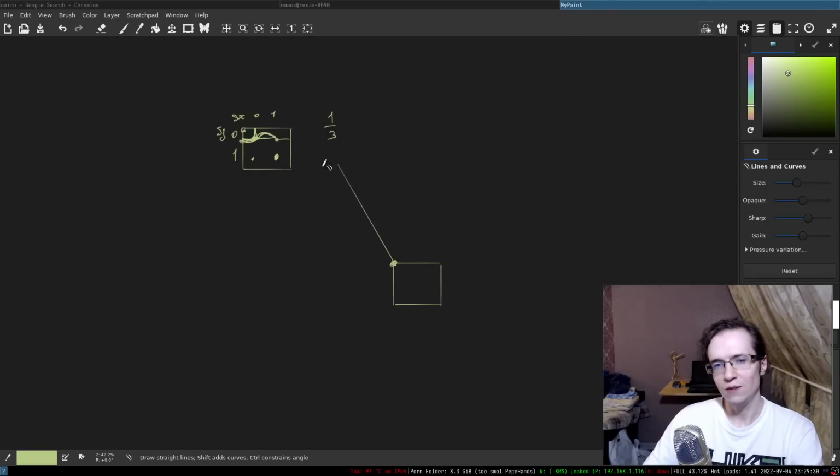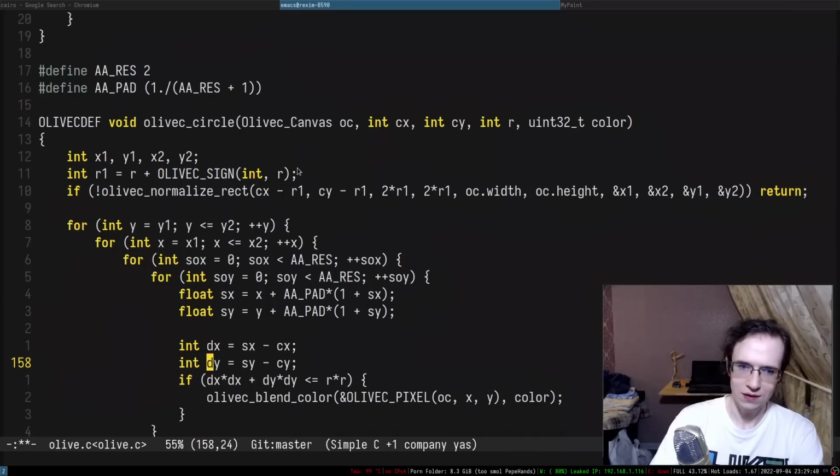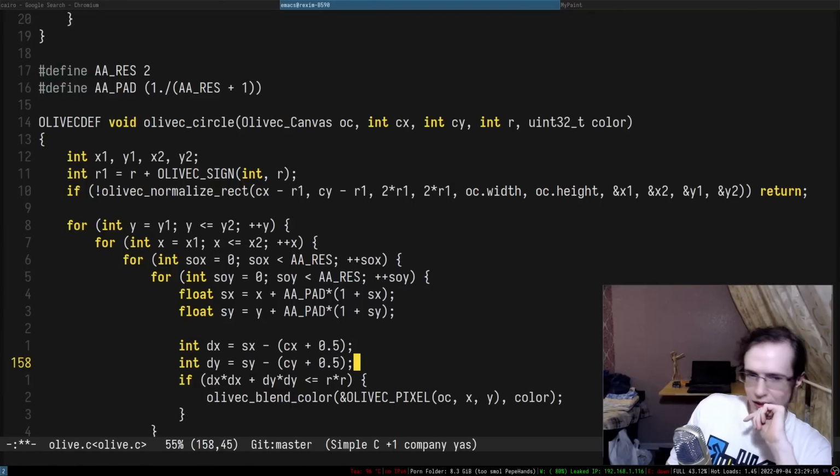So we're finding the distance between these things. What we have to find instead is the distance from the center of that center pixel. Because of that, we have to add half, so let me put plus 0.5 in here, there you go. So I think that's what we have to put in here, right?